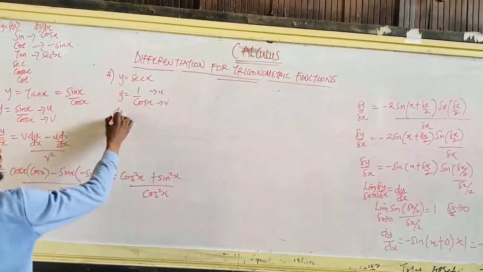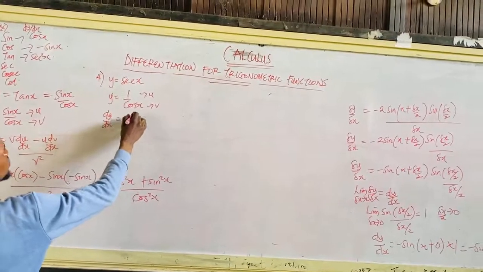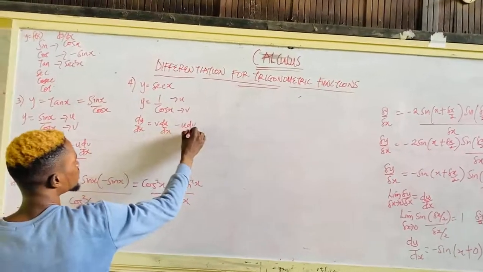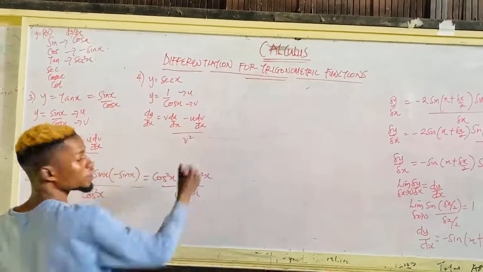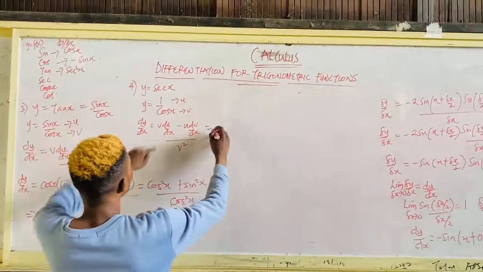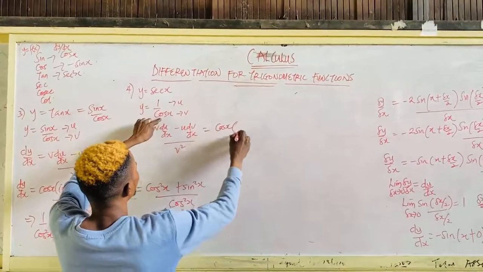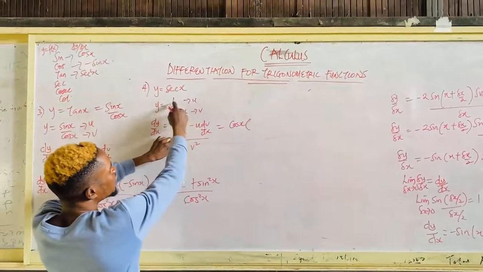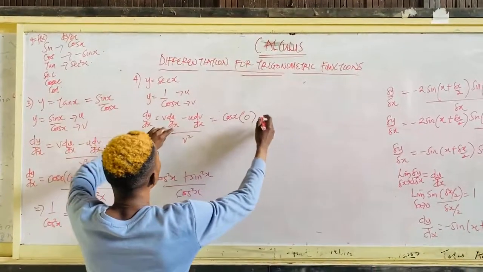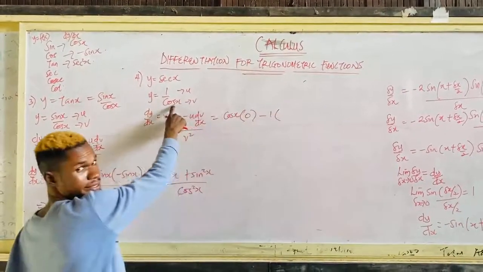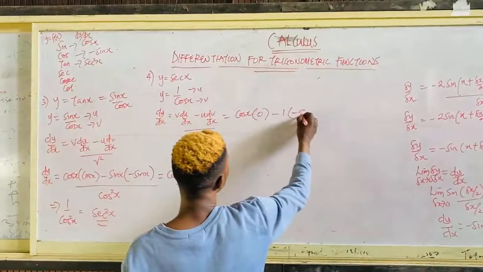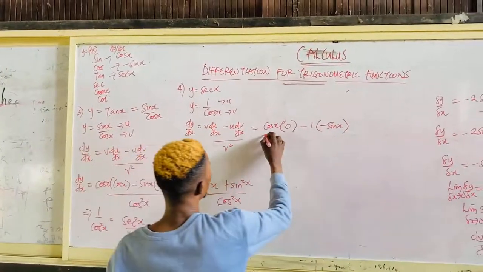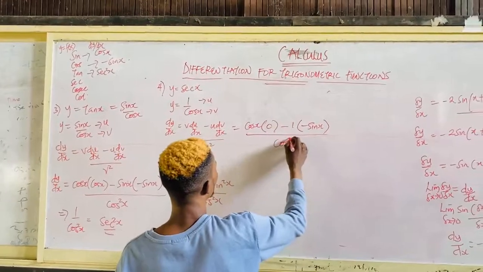So dy/dx is v du/dx minus u dv/dx all over v squared. So v is cos x, du/dx, this is a constant. The rate of change of a constant, you can't find that. That's 0, 0 minus u, 1, dv/dx, differentiate cos x, that's minus sin x.